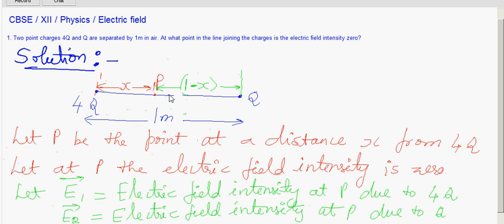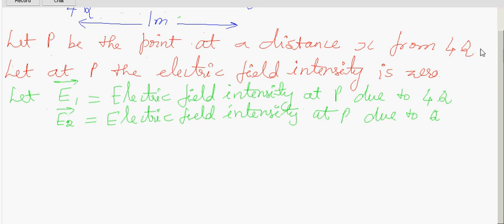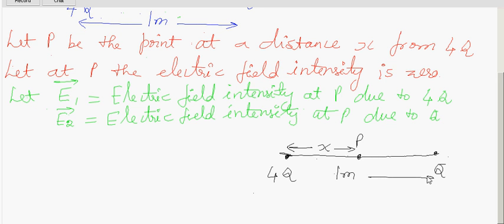Let us take another figure and draw this. For 4q and q, we have considered a point P which is at a distance x from 4q, and the total distance is 1 meter. So this distance will be 1 minus x.